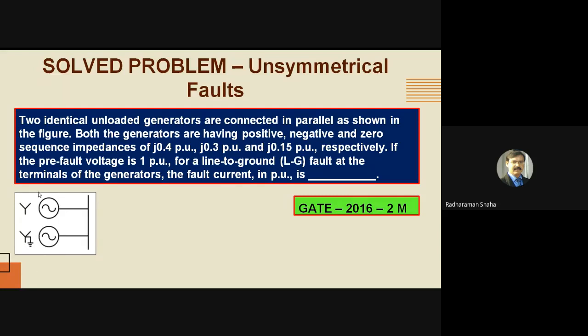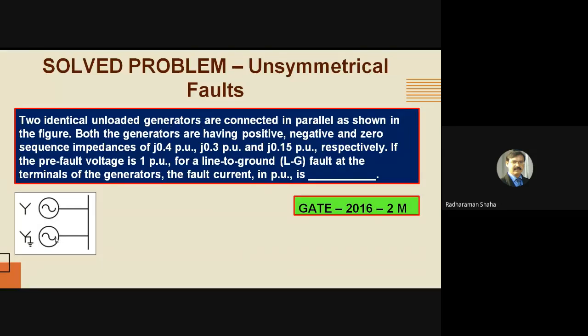The two generators are connected in parallel with each other. You can see here these are the two generators connected in parallel, and the impedance ratings of both generators are the same, because in the question it is given: two identical unloaded generators.